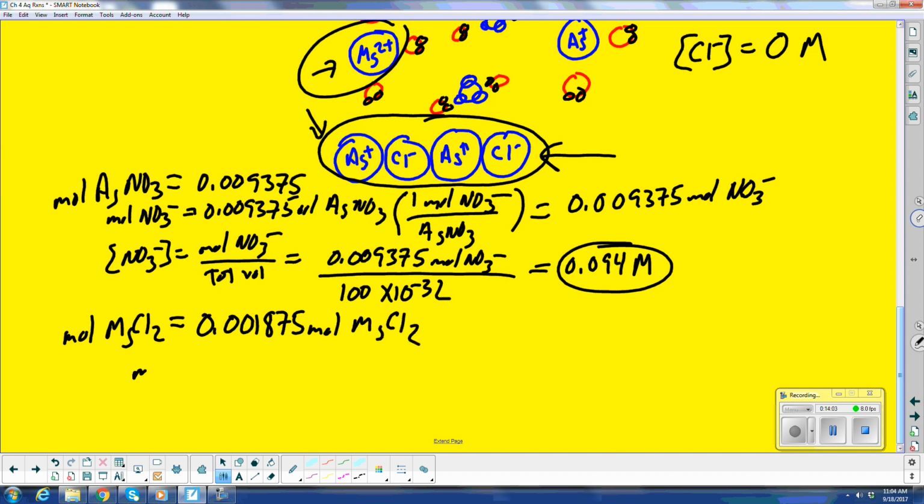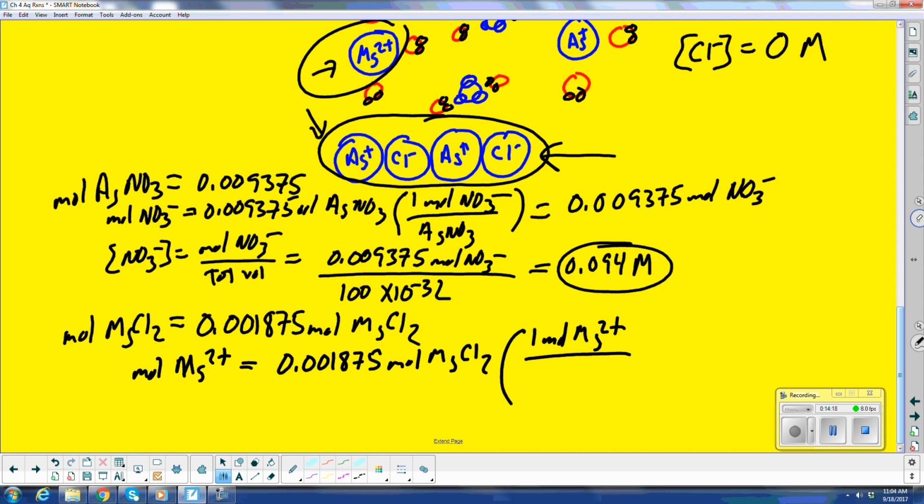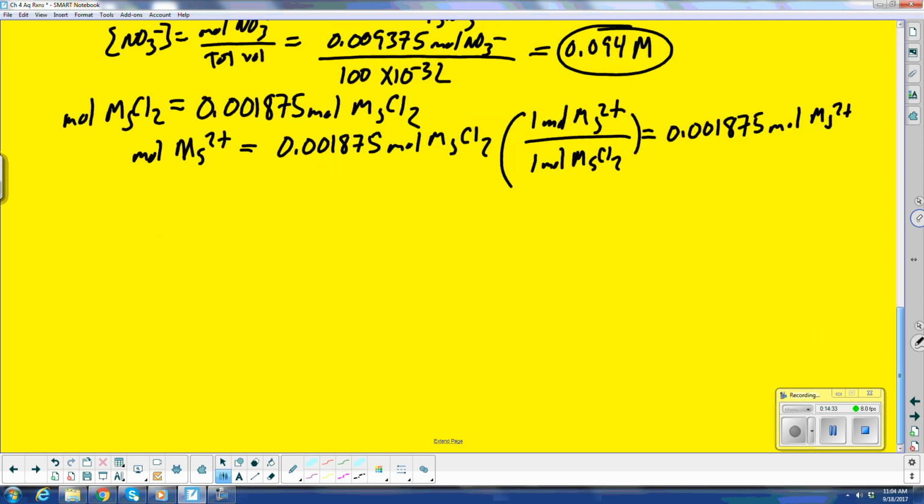So how many moles of Mg2+ do I still have at the end? It is 0.001875 moles of my magnesium chloride times 1 mole of magnesium per 1 mole of magnesium chloride. Piece of cake. So that's 0.001875 moles of magnesium, and I want to get my concentration of my magnesium.